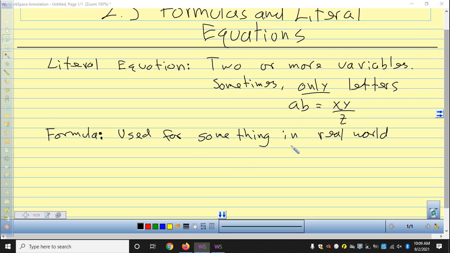In geometry, we would say a formula would be something like area of a rectangle equals base times height. That is a formula for the area of a rectangle. That would be a literal equation for a line. Yeah, y equals mx plus b. That's slope-intercept form of a line.